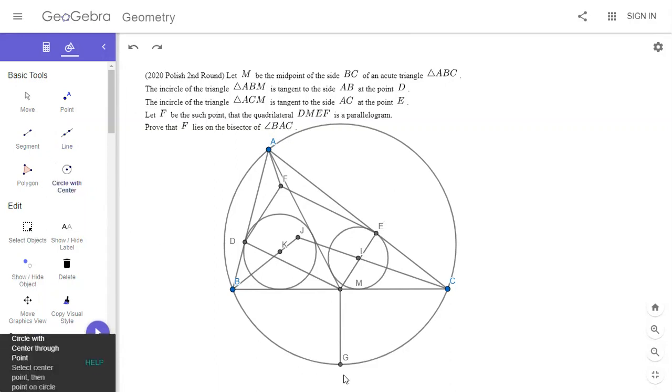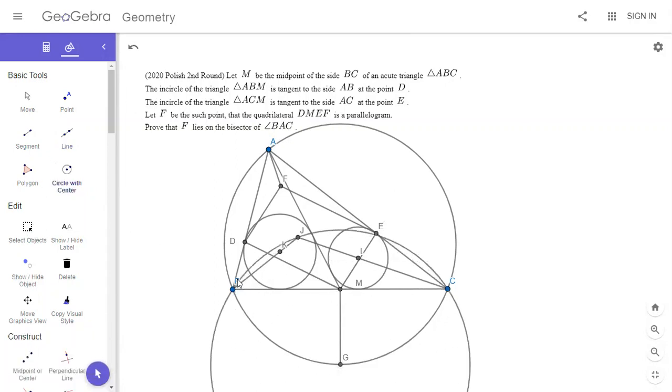Like, what if I drew this circle? So G is the circumcenter of BJC. So we want to show F lies on AG. And we can extend AB to meet the circle.